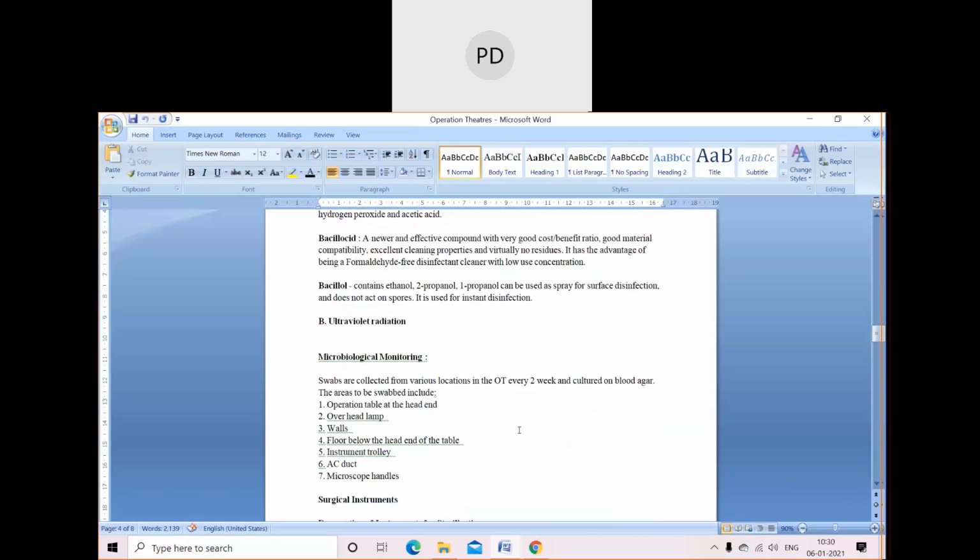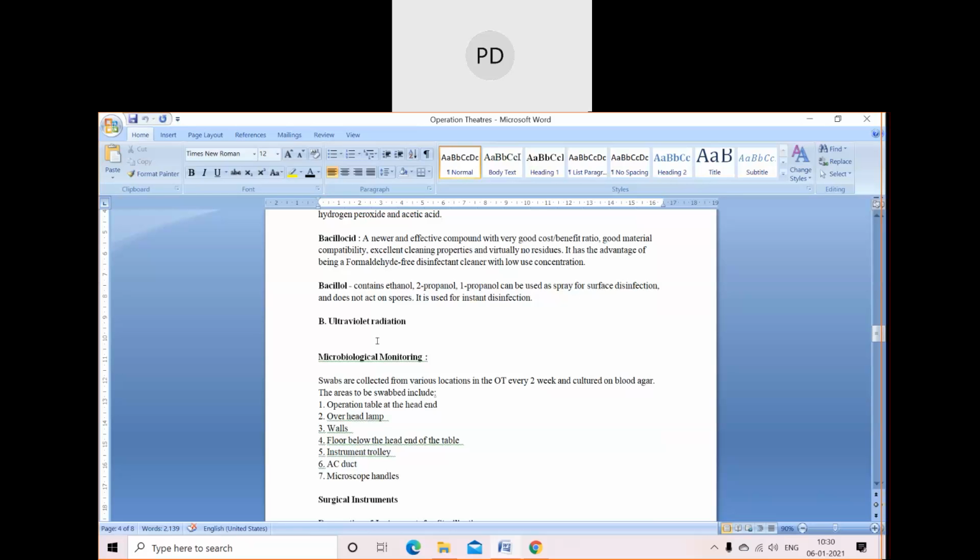And we also use ultraviolet radiation. You know that while preparing medication we use a kind of laminar flow so that no infection occurs while preparing a medicine.